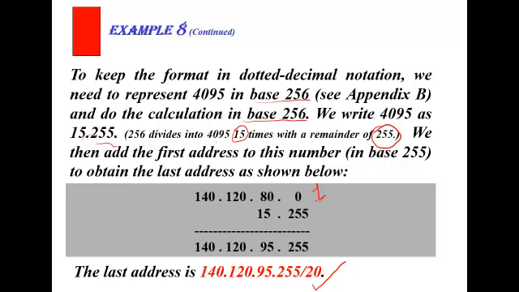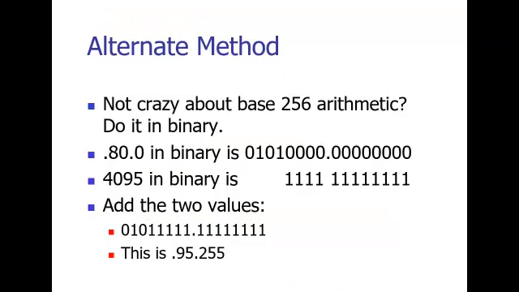We can see some more easier methods too, through which you can easily calculate this value. Now see the alternate method. Write down the binary value of the last 2 octets of your first address. Then write down the 4095 number of addresses in binary and add these two values.